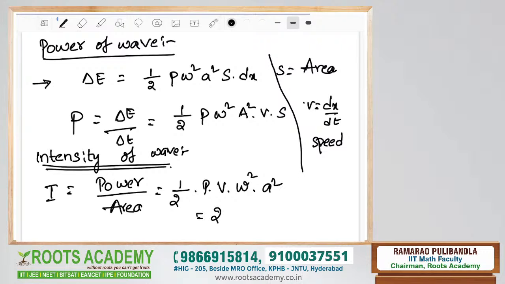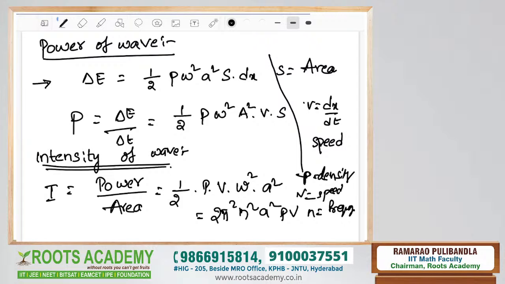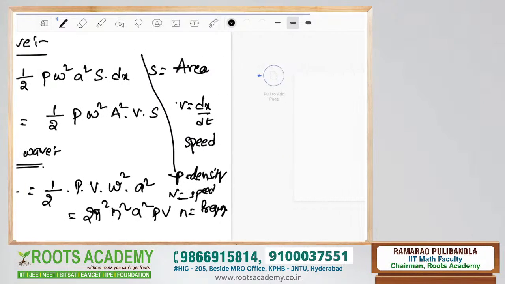That gives you 2 pi square n square a square and rho V, where rho is nothing but the density, V is the speed, and n is equal to the frequency. So that is the intensity of the wave.